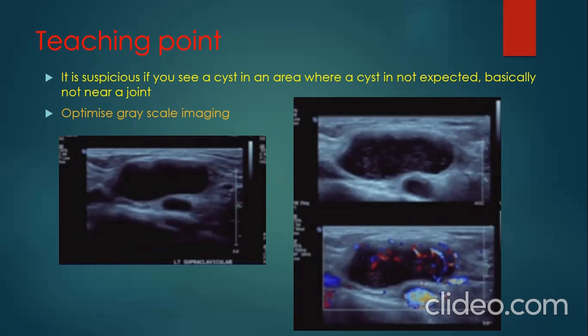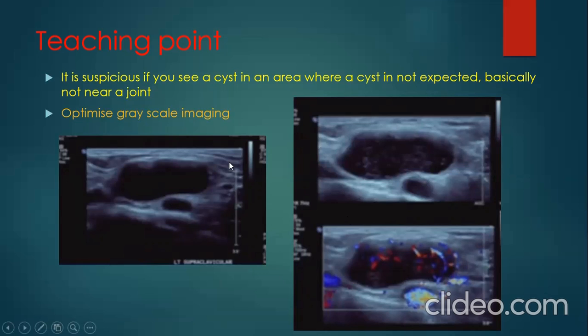So you might be quick to think that this is a cyst. But what happens when you now optimize your grayscale imaging? You will notice that there is actually some stuff inside our lesion. It's not anechoic, right? Then you put on your color Doppler, and you are actually picking up flow. So we're dealing with a solid lesion here.